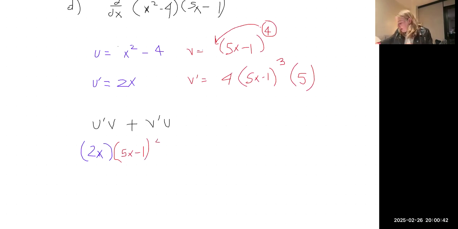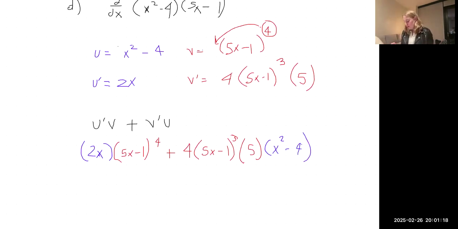And then plus v prime, which we said was 4 times 5x minus 1 to the third, times 5. And then times our u, which is parentheses x squared minus 4. That's a lot of stuff.